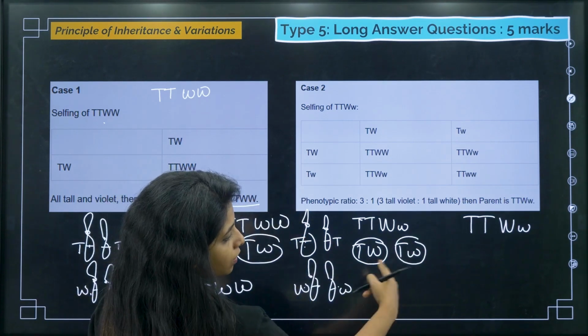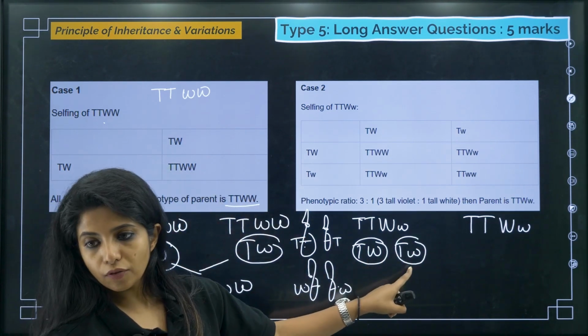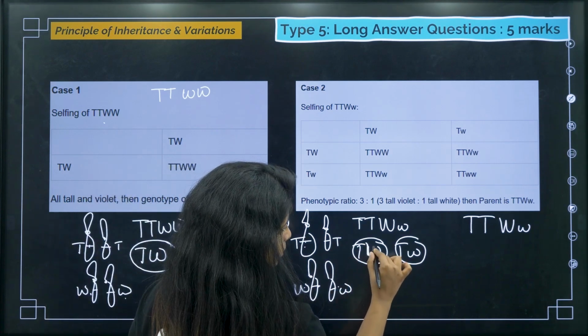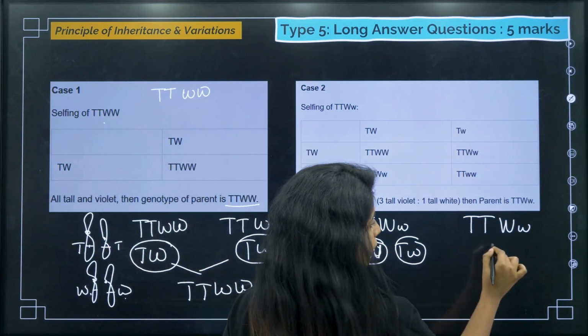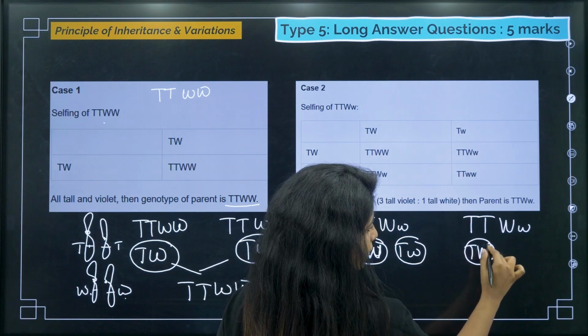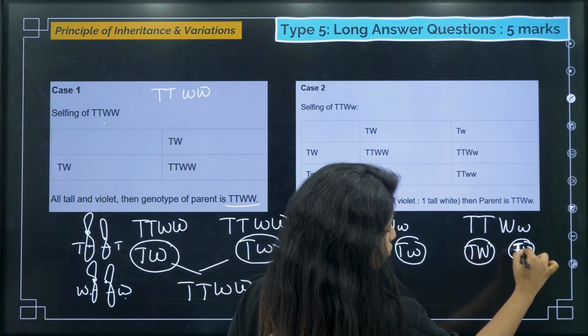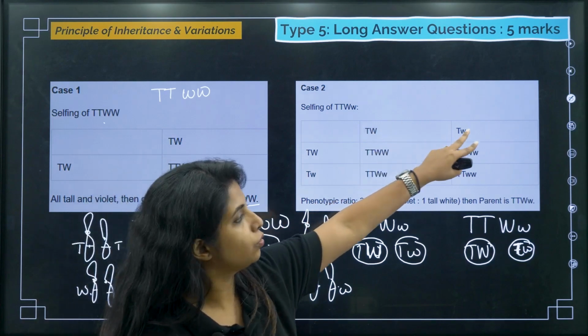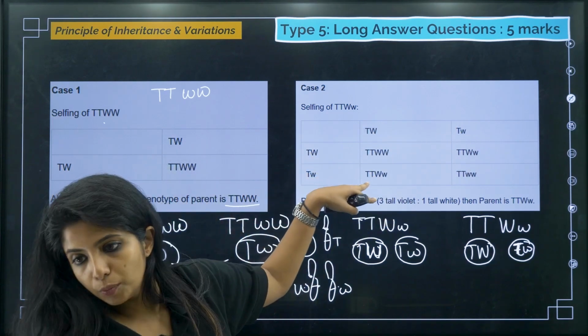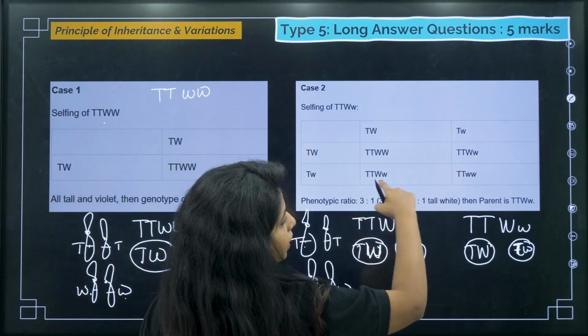Similarly the other chromosome, same thing, you get these two different types of gametes. Similarly here also you will get the same thing because of the same parent. Whatever you do, you get these two types of gametes. Now when you cross, when you put two of them there and two of them here and do the Punnett square, you find this is what is being formed.